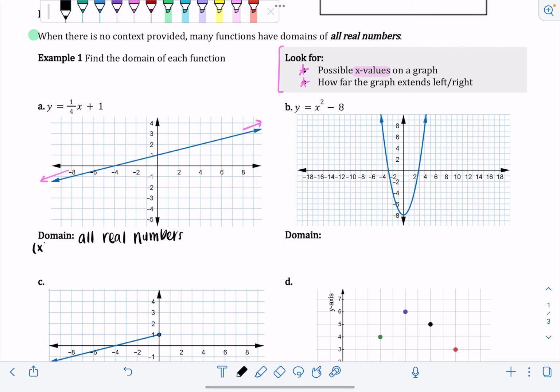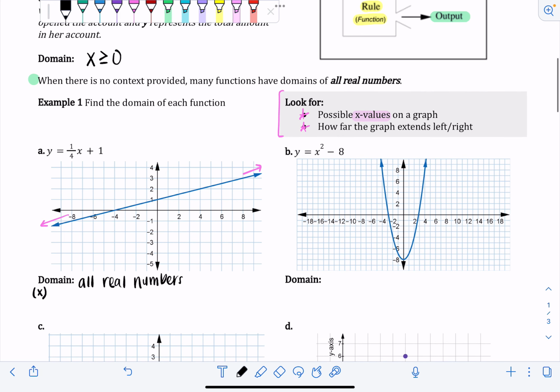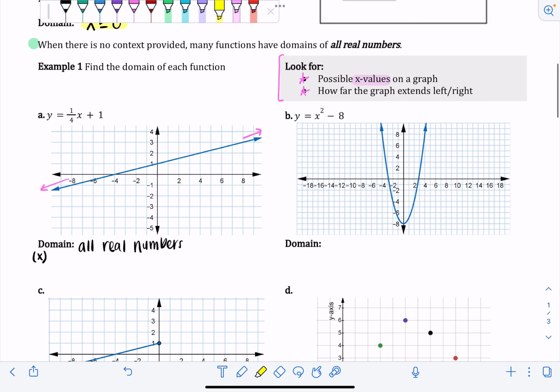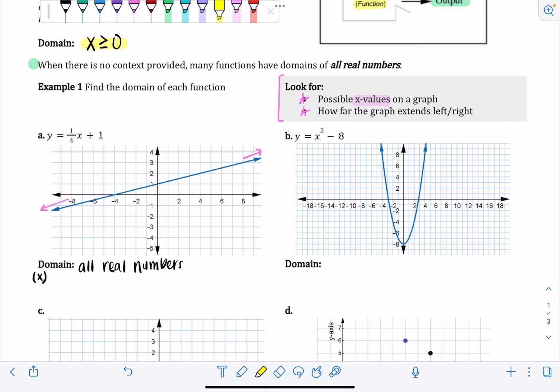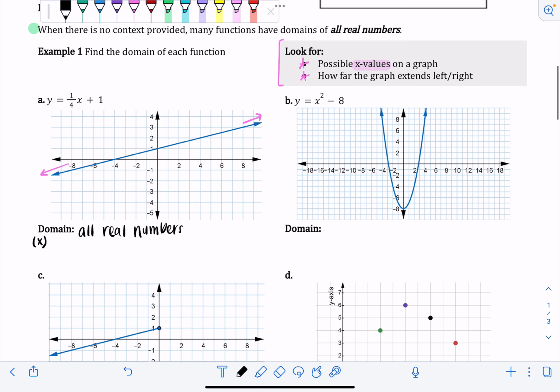Okay, so there is a way of writing all real numbers like an inequality, kind of like what we had up here with x is greater than or equal to 0. All real numbers is every possible number, so it looks kind of funky the first time you see it, but you write it as x is less than infinity, which is like a sideways 8 when you draw it. I'm pretty bad at drawing them.